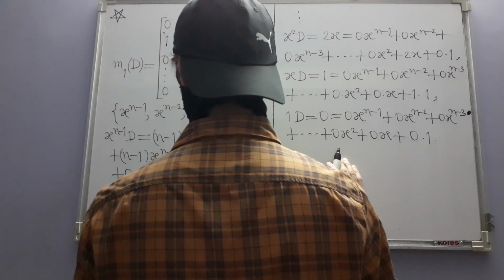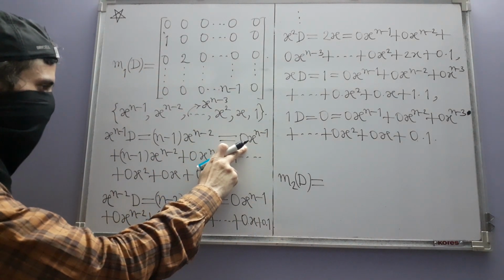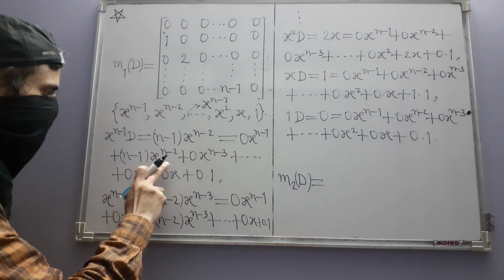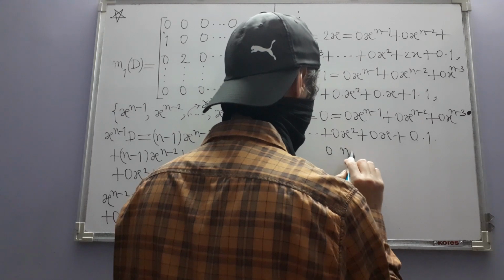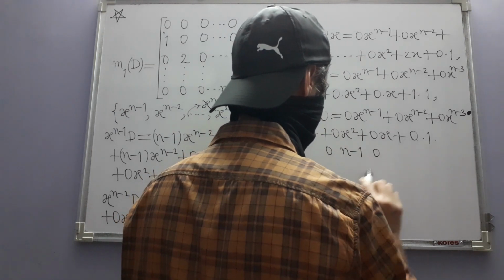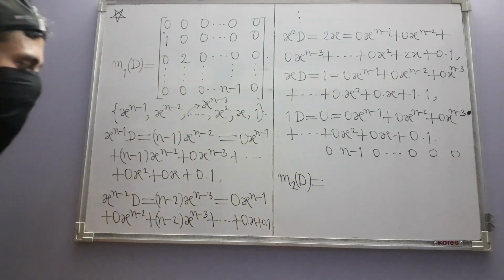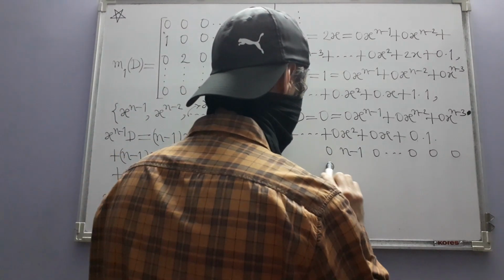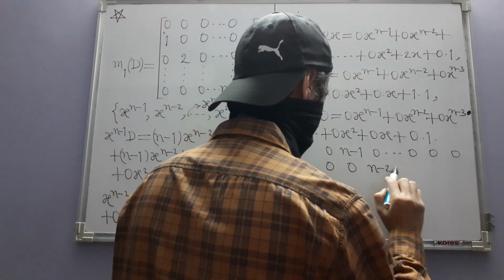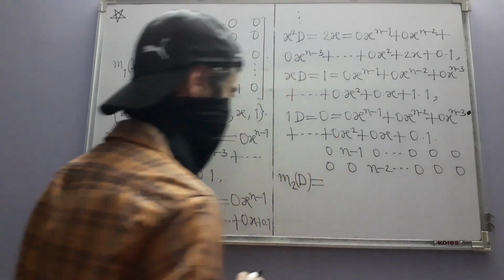So the first row has the first element 0 and then n minus 1 and then the others 0. So 0, n minus 1, 0, 0, 0, 0. Then in the second row, the first two are 0, then n minus 2, then 0, 0, and everything else is 0.